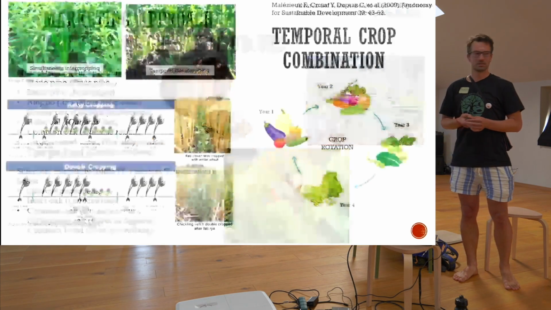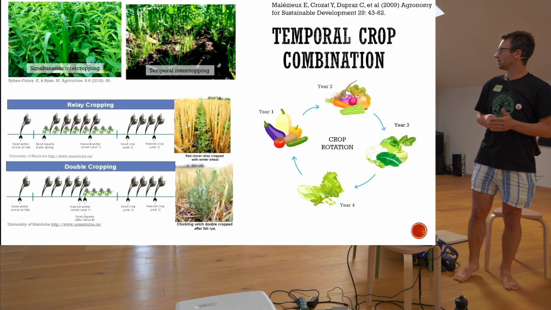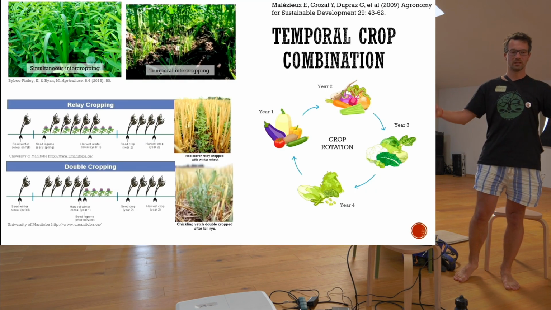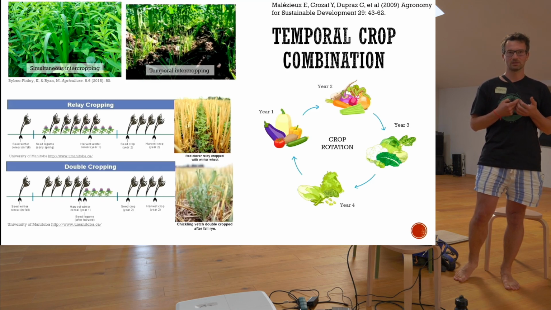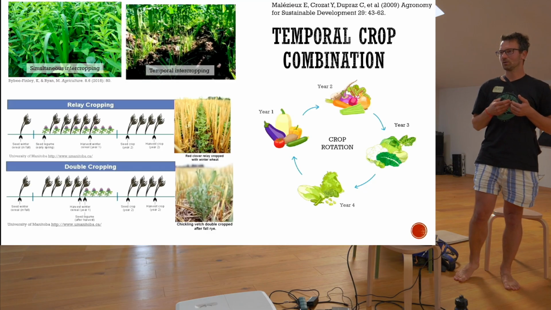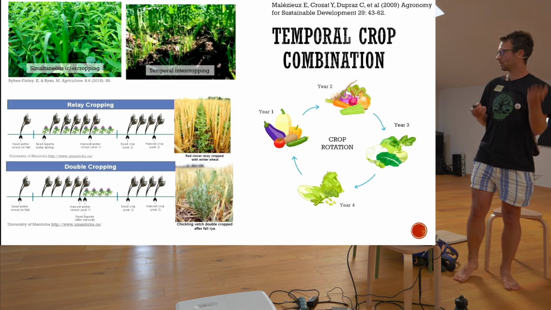And just at the end, I will talk about how, once you have selected the crops which you want to grow, you need to decide how you combine them in time and space. That could change the balance between competition and facilitation or collaboration.